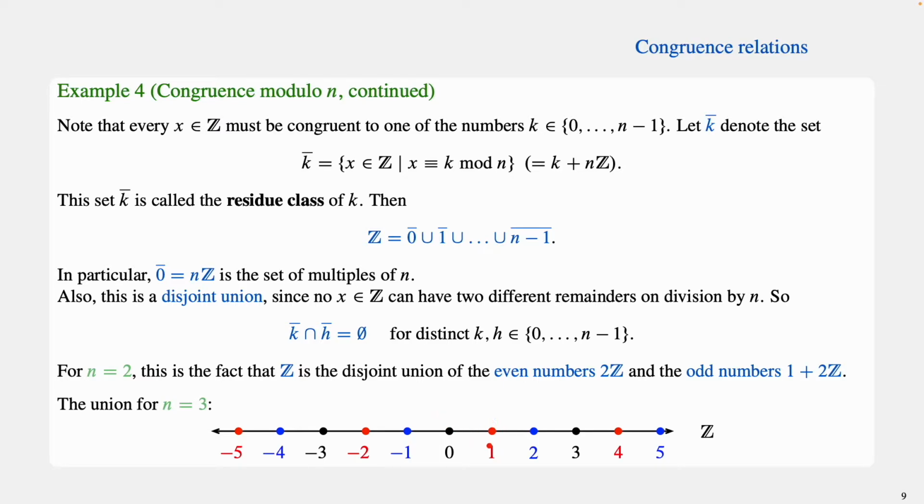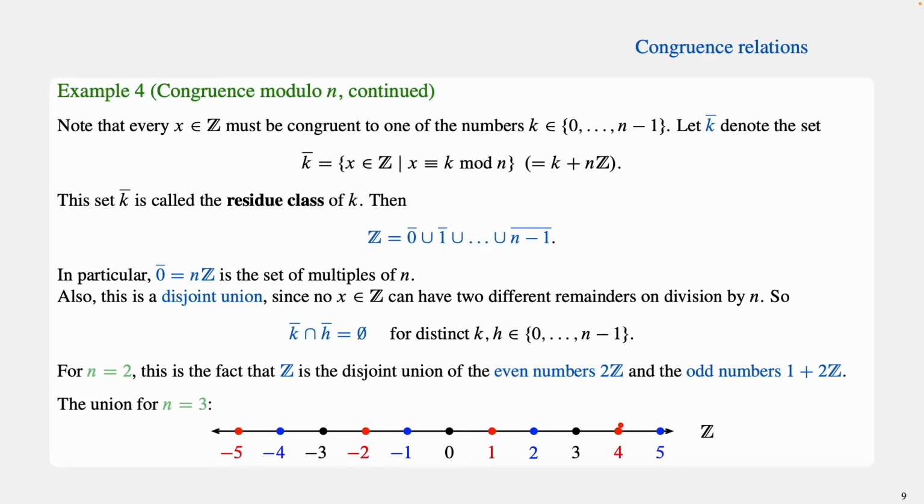Now, the number 1 has clearly remainder 1 when we divide by 3. Number 2 has remainder 2 when we divide by 3, and then we get to number 3, so we get to another multiple of 3, which again belongs to the same class as 0 because it has remainder 0 on division by 3.